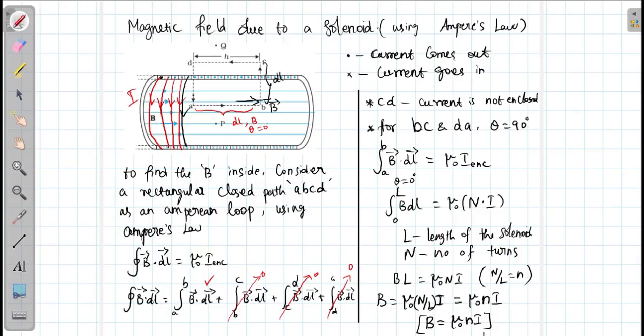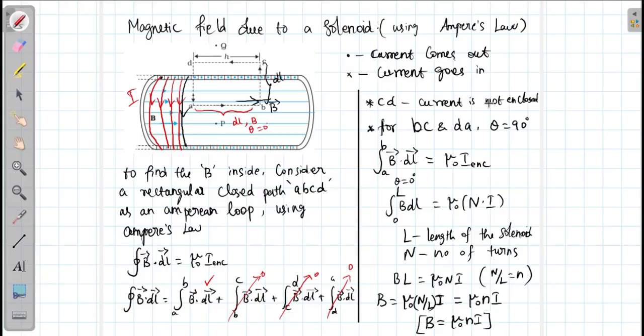Actually, the question is very simple, but we have to explain the things. So we are considering an Amperian loop from A to D. Here BC and DA are opposite and they have 90 degrees, so there is no magnetic field contribution from those two. Also, CD lies outside of the solenoid, therefore the magnetic field is very small, almost zero.